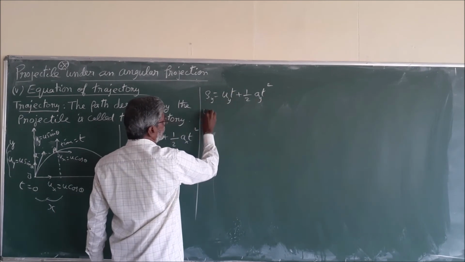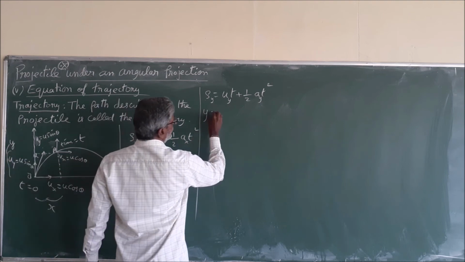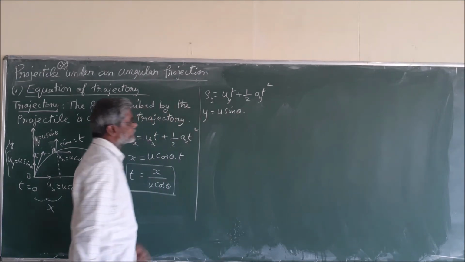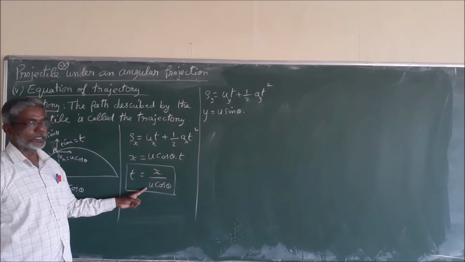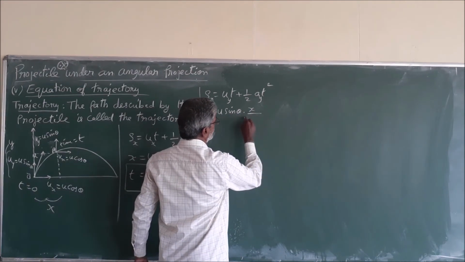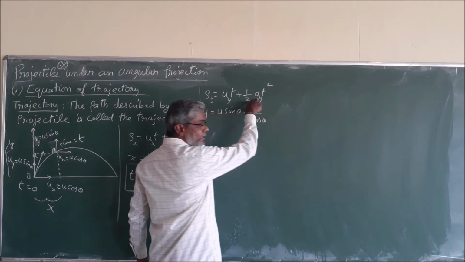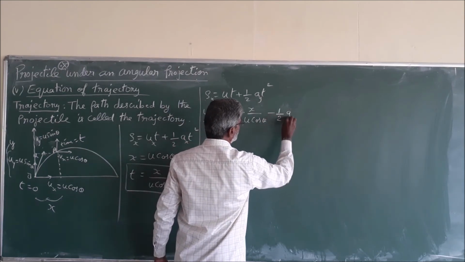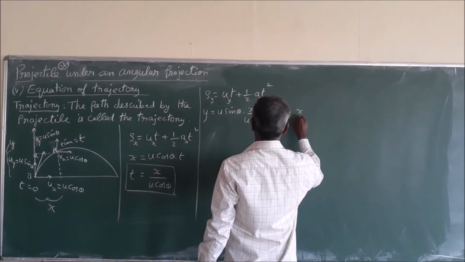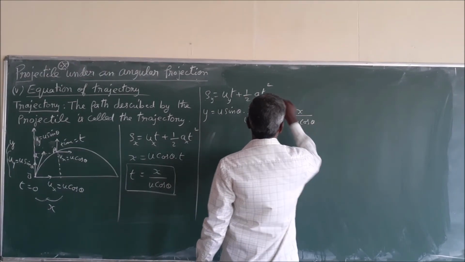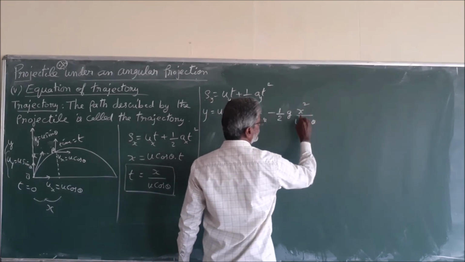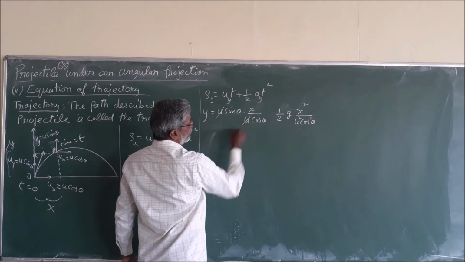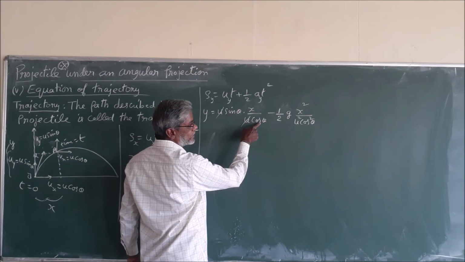So y, and uy, that is in the vertical direction, that is u sin theta, and t value is x divided by u cos theta, and the acceleration is minus g, so it becomes minus half g, and t is x by u cos theta, and since it is squared, I will be squaring it: x square over u square cos square theta, and u will be cancelled. Sin theta divided by cos theta is nothing but tan theta.